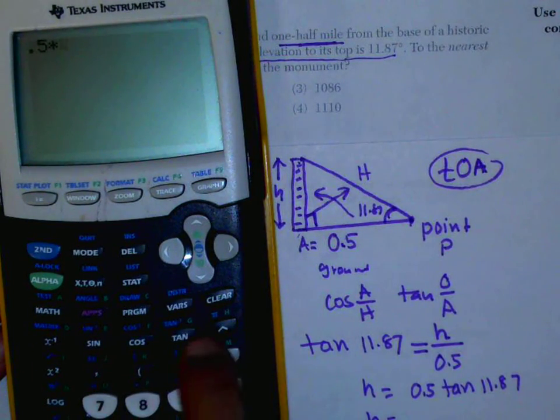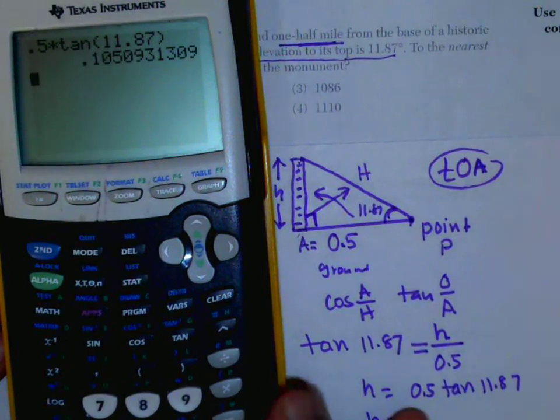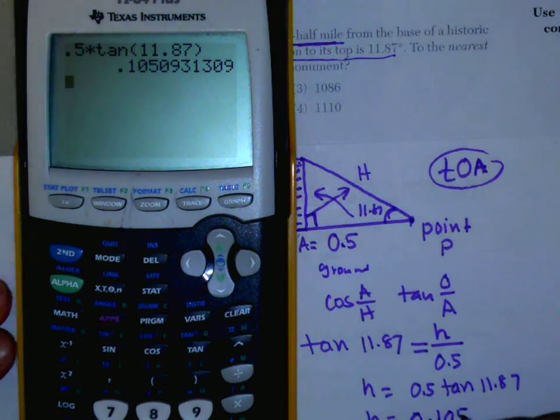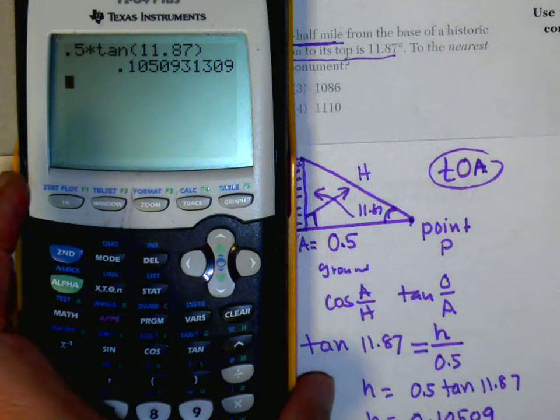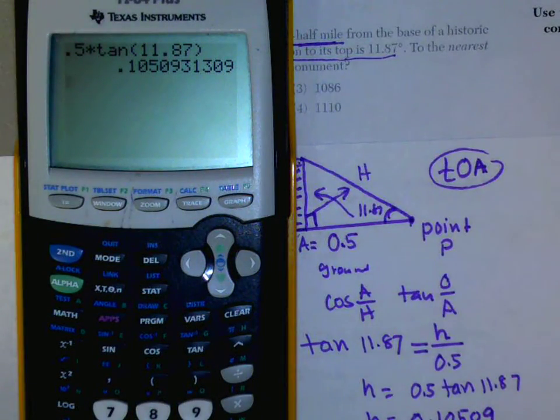This turns out to be 0.10509. Okay, so again, we have to make sure the calculator is in degree mode, otherwise we'll end up getting all kinds of different responses. If the calculator is not in degree mode, your answer will not be correct.